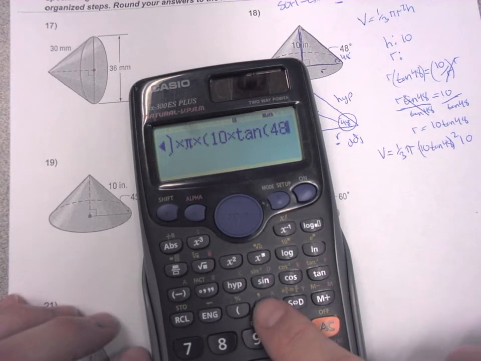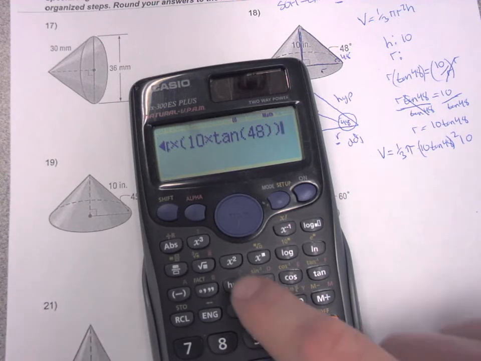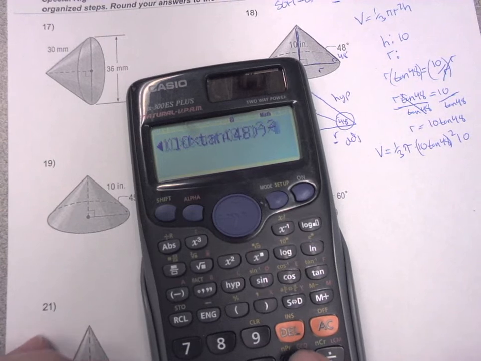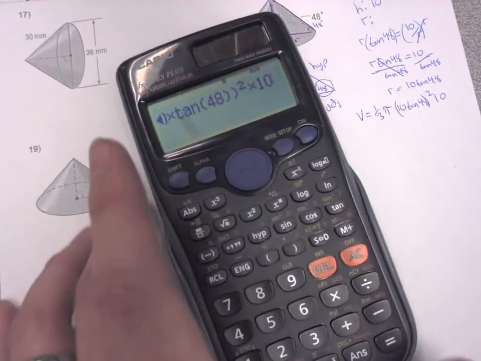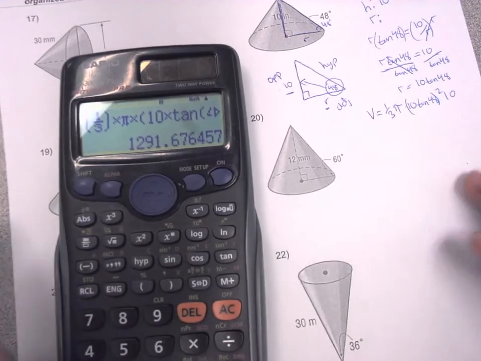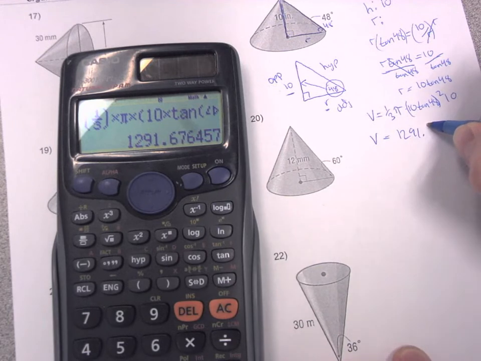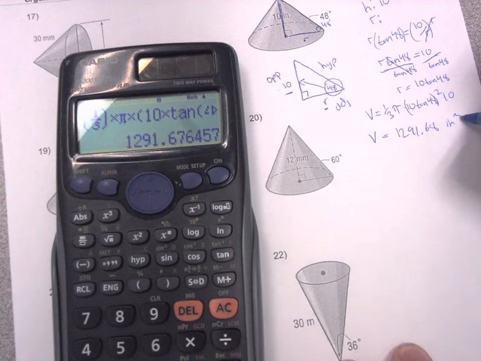Close the parentheses here, close the parentheses again. And then I'm going to square that, and then I'm going to multiply that by 10. If you type that out correctly, you should come up with something like this. So let's see, round to the nearest hundredth, and this is inches cubed.